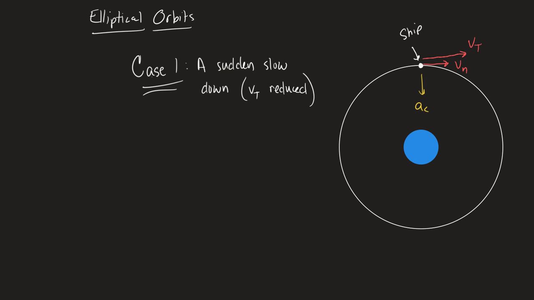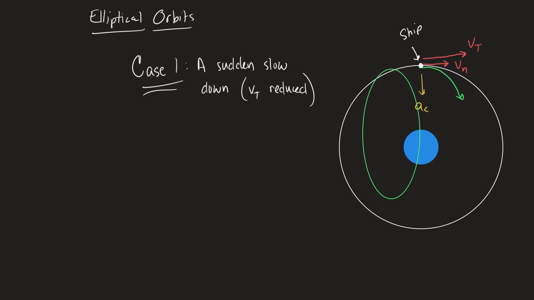The force of gravity on the ship doesn't change. So it's still being pulled downwards with the same force, but it's suddenly traveling slower, so its path is going to curve more sharply. This creates a new orbit. Assuming it doesn't crash into the planet, it will create a new orbit. This new orbit still has to meet certain parameters that we've talked about.